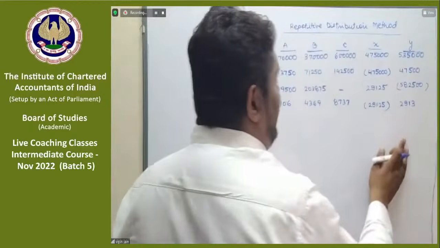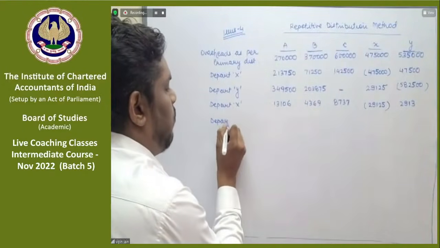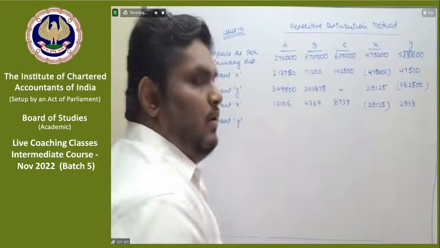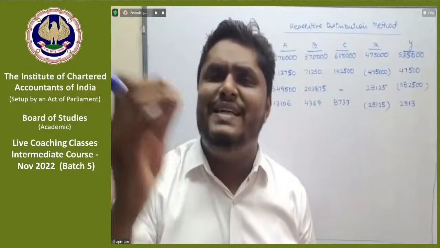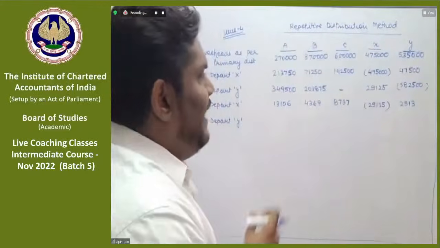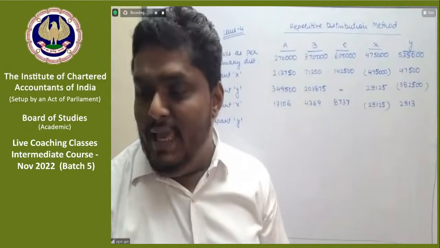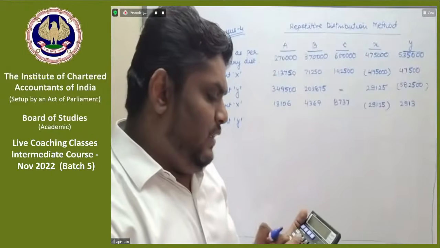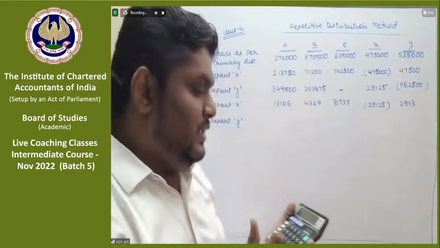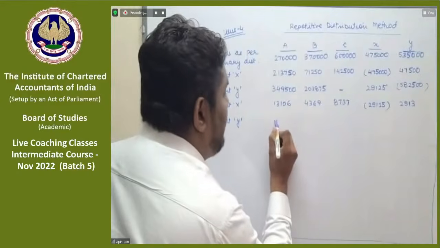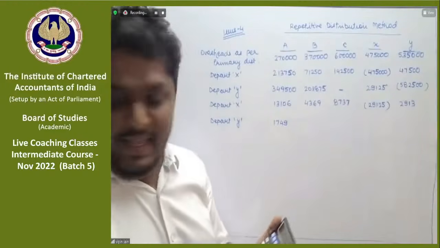Now let's distribute 2,913 again. That is the overheads of Y department. This process will be repeated till we are getting a very nominal amount, let's say 10, 15, 20 rupees. So 2,913 is the total amount of Y. Now let's distribute it to A, B, and X. So 2,913 into 60%. So this will be 1,749. Next 35%.